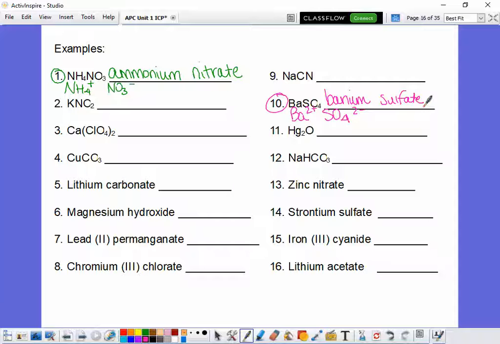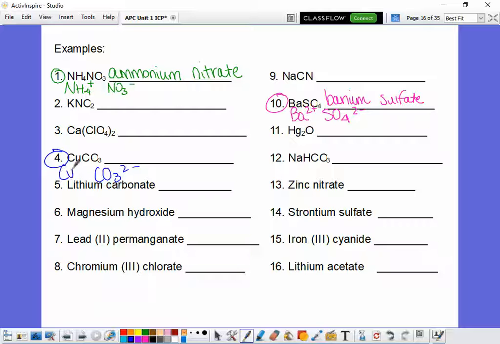All right, and let's do number 4. CuCO3. What charge does that copper have in that compound? +2. How did you know that it was +2? Yes, because the CO3 has to be -2 because that's what it is.